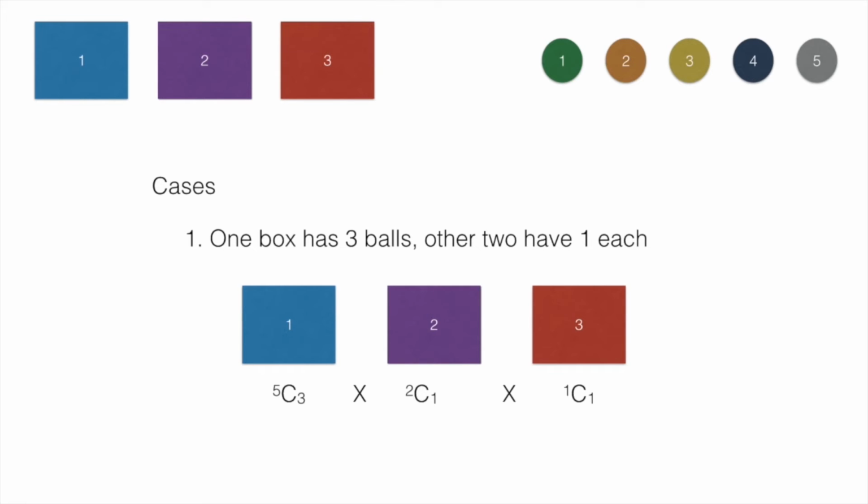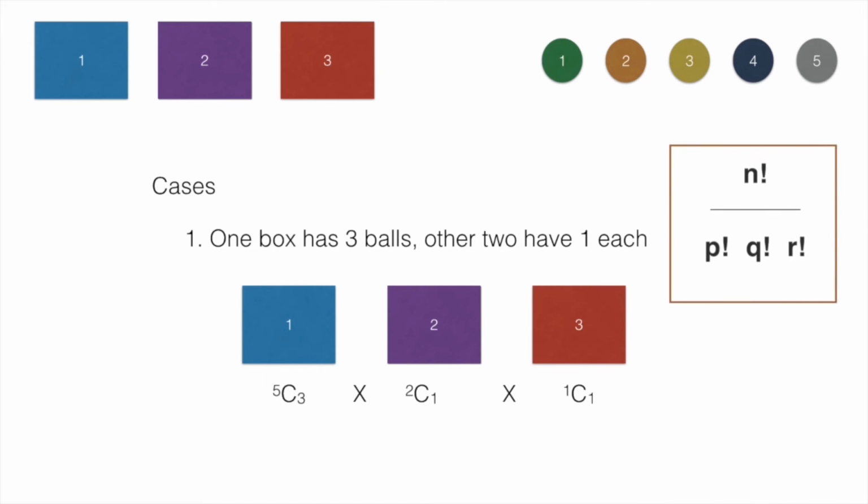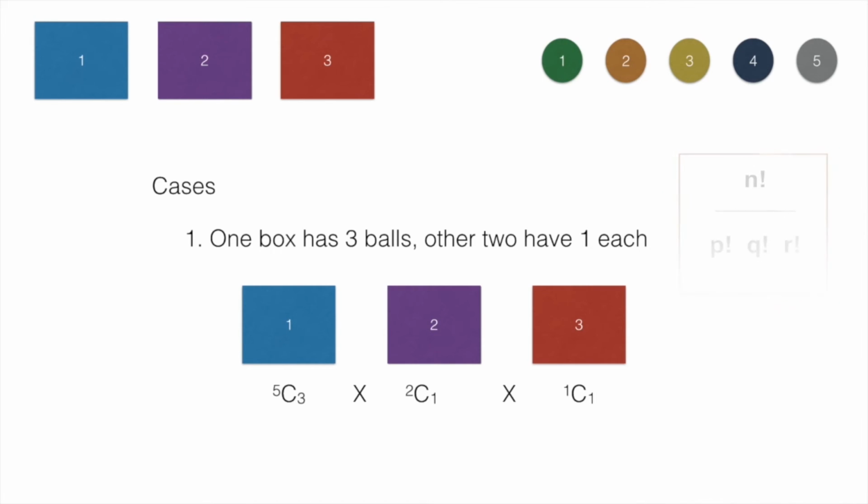But there are other cases where we can have box 2 containing 3 balls and box 1 and 3 containing 1 ball, or box 3 containing 3 balls and boxes 1 and 2 with 1 ball each, and so on. Number of such cases can be found by the formula we saw earlier for arranging n objects out of which p are alike, q are alike, r are alike.